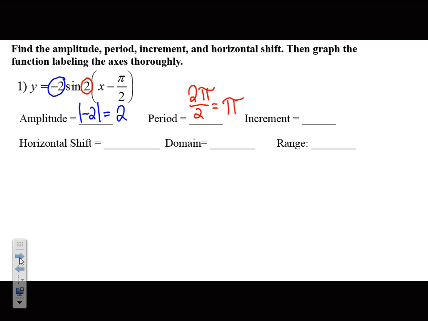Then our increments, that's what we count by. We take whatever we got for our period, so we get pi divided by 4. Now we're going to be working with our horizontal shift. So we're going to move left or right. Since it's negative, we're going to go right. Pi over 2.